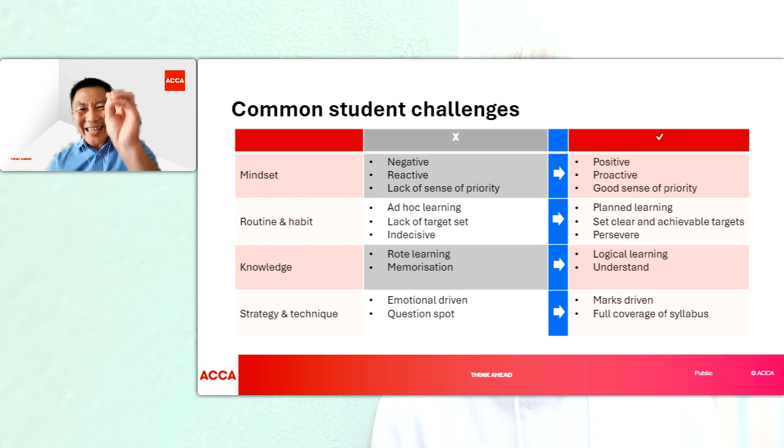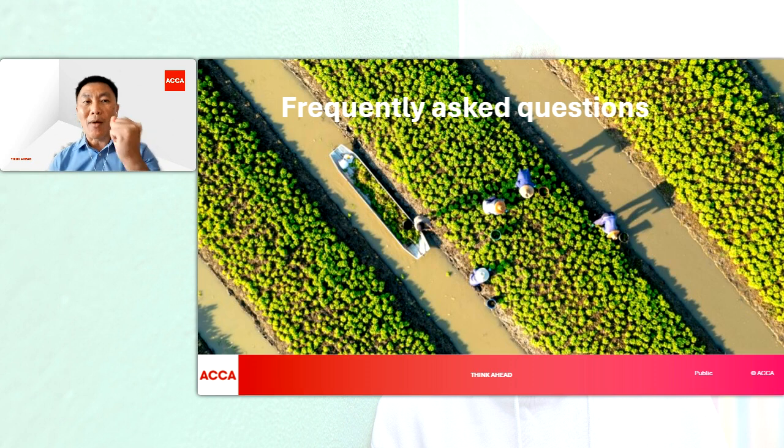So these are the kind of the recommendations I have. So one of it, for example, the learning methods that we apply for knowledge enhancement for FM should base upon logical learning, should base upon understanding rather than rote learning and memorizing stuff like that. So these are the things which you may want to consider spending some time to look into for a way to improve your exam performance by getting more marks in exam.